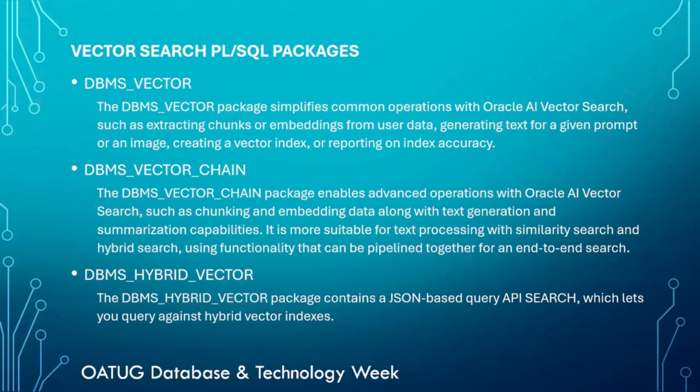Some of the PL/SQL packages that we can use are called DBMS_VECTOR. We already used that in my example. It simplifies common operations with AI Vector Search, like extracting chunks or embeddings from the user data, generating text for a given prompt or an image, and creating a vector index or reporting on vector index accuracy.